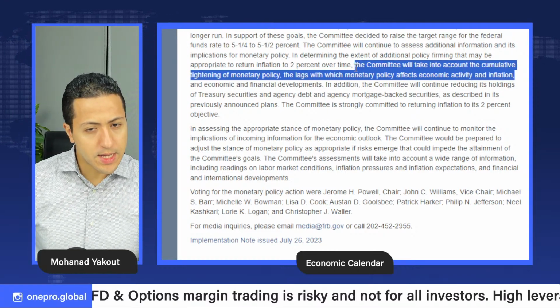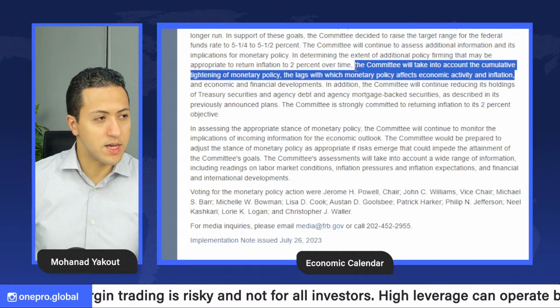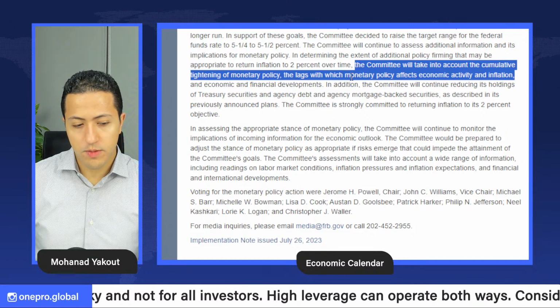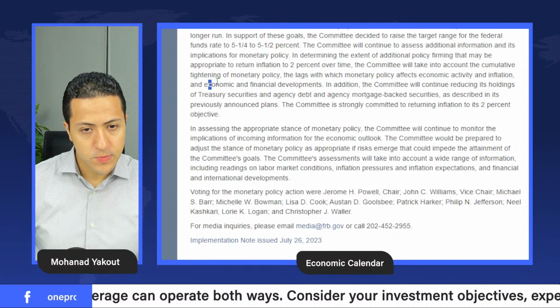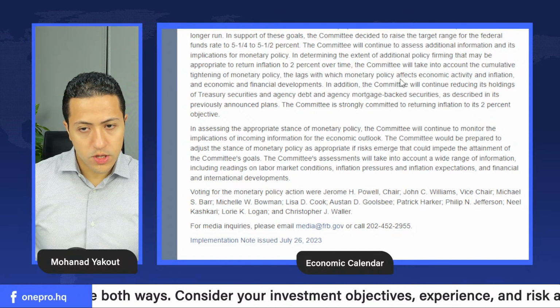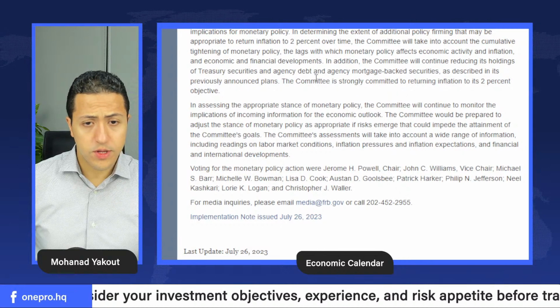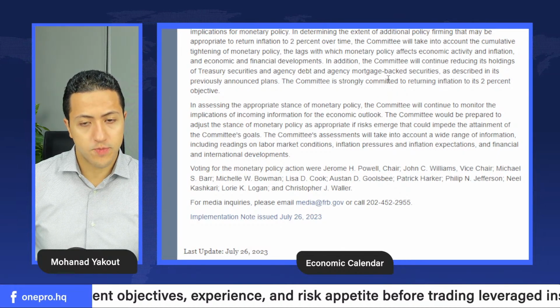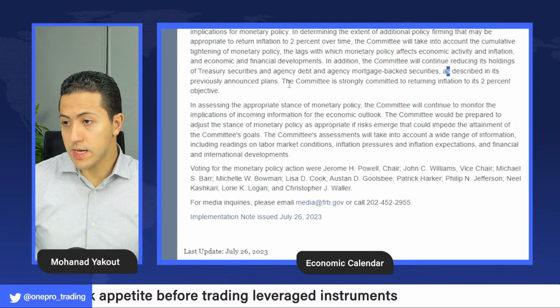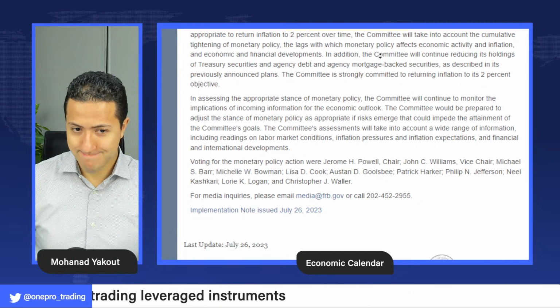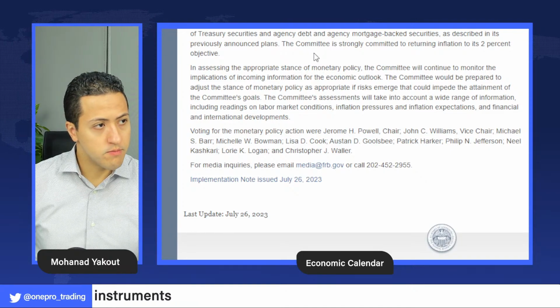This statement, I believe, has been added maybe during June of last year. So it's again a copy paste. The committee will continue reducing its holdings of treasury securities and agency debt and agency mortgage-backed securities, which is the MBS, as described in its previously announced plans. Nothing more. Basically, they say nothing.